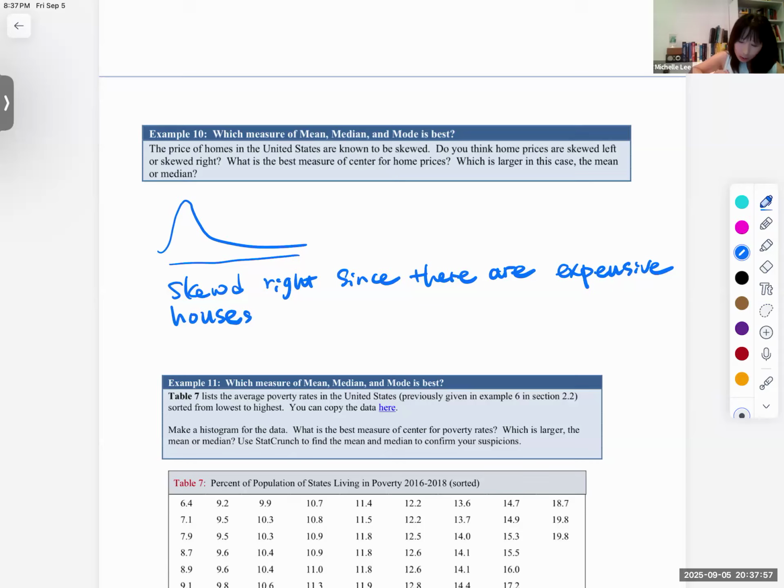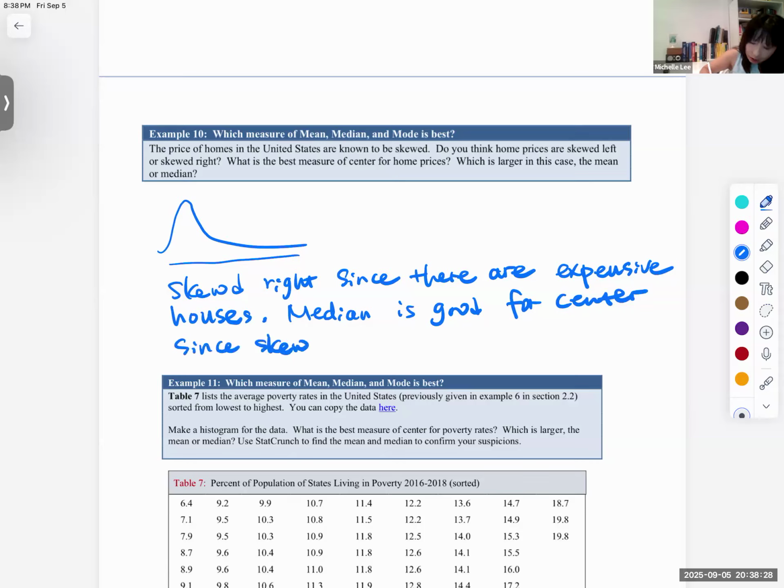Okay. What is the best measure of center for home price? Since it's skewed, we can use the median as the center. Let me write down: median is good for center, since skewed, right?